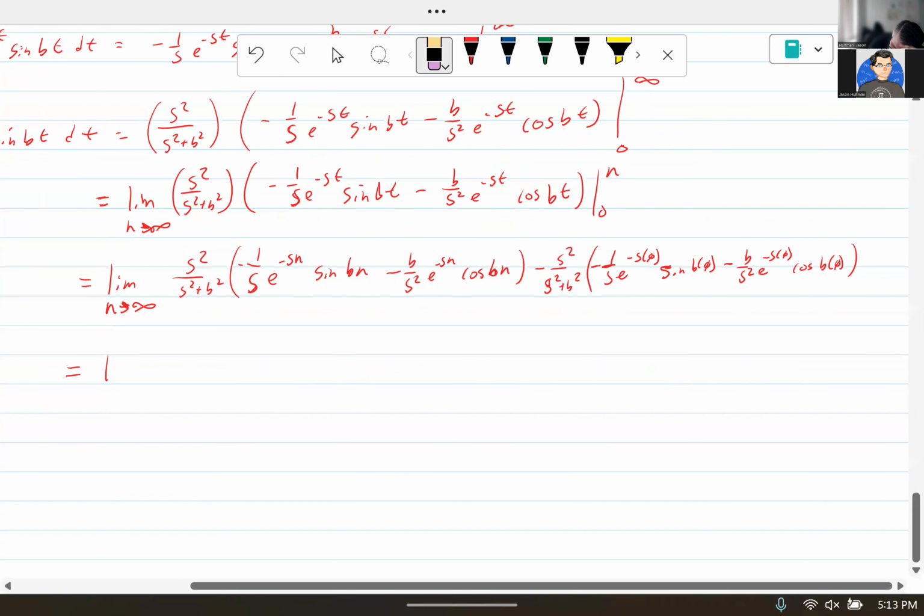The limit as n goes to infinity of s squared over s squared plus b squared times negative sine bn over s e to the sn.